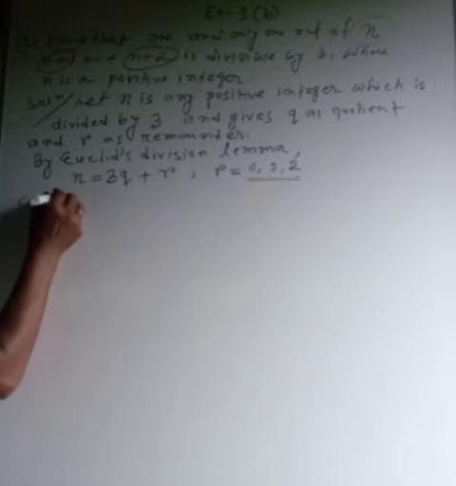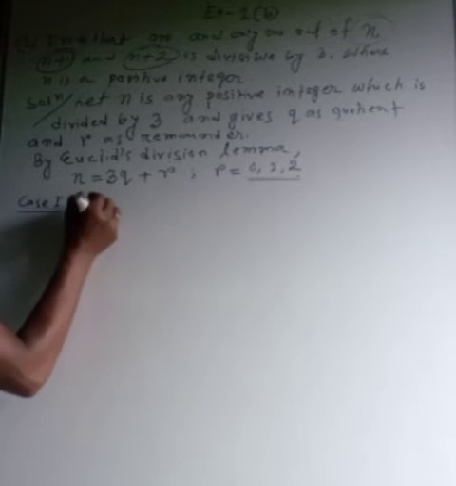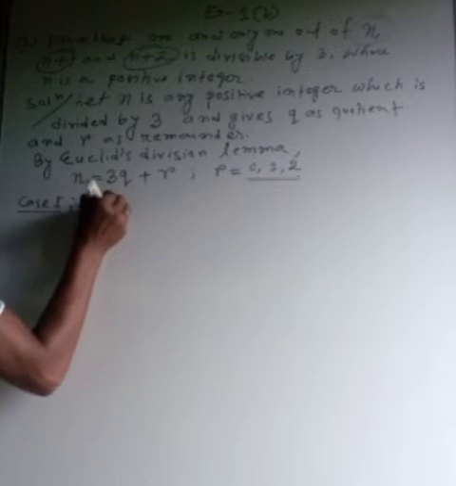So, from case 1 we can write: case 1, when r equals 0. It means r value will be 0.